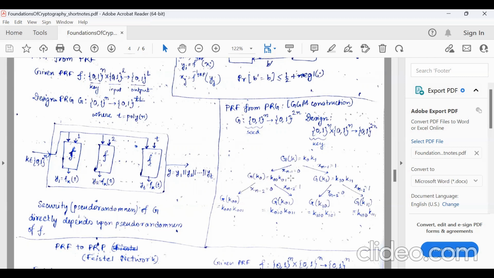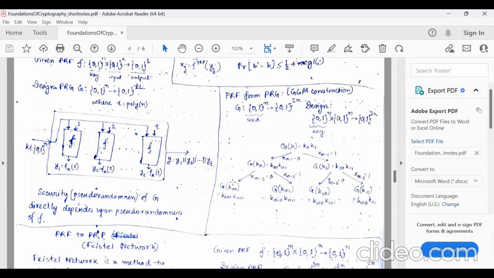Like that it proceeds, and the tree will have a depth equal to n, that is the length of the input. Finally, in the leaf nodes, you have 2 to the power n leaves, each corresponding to one of the 2 to the power n values of input.